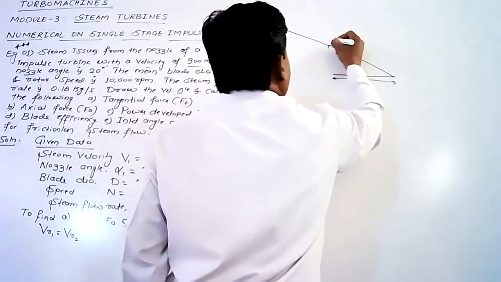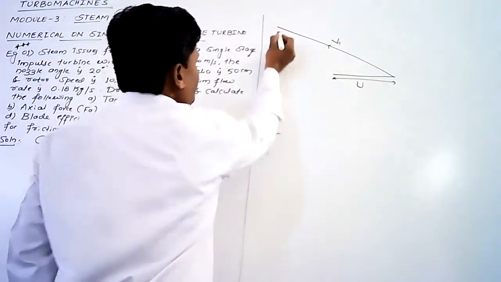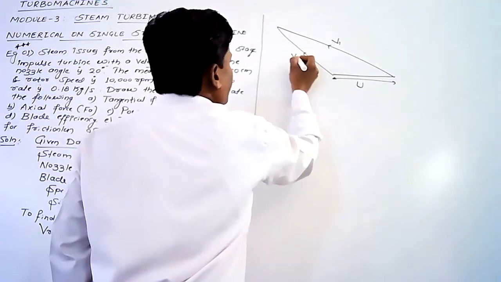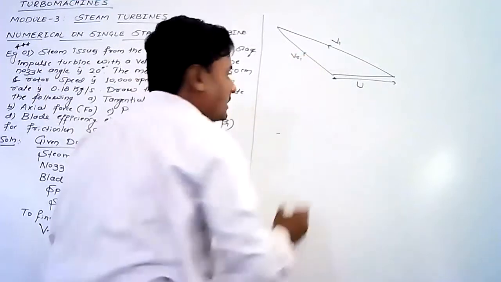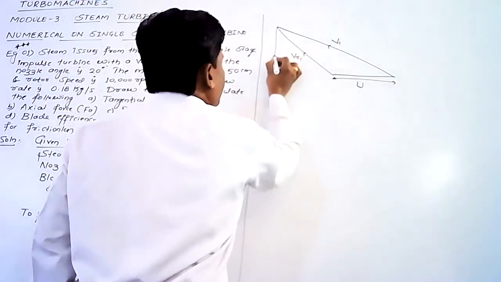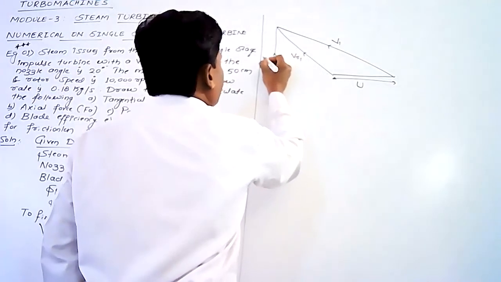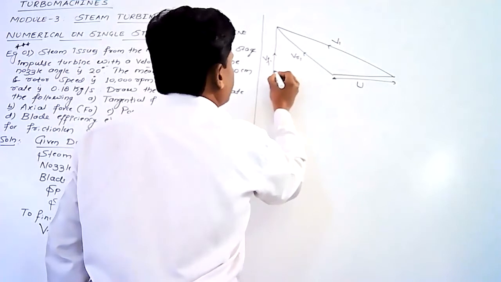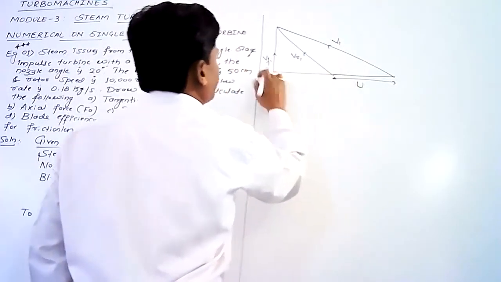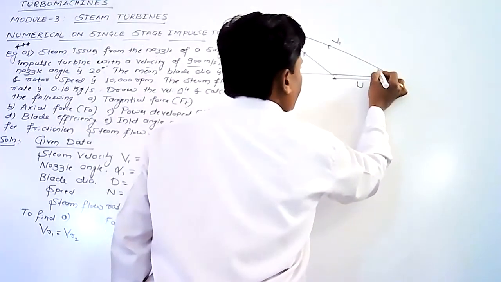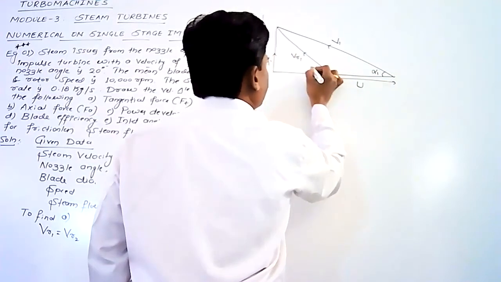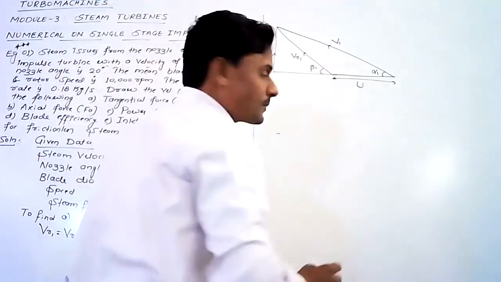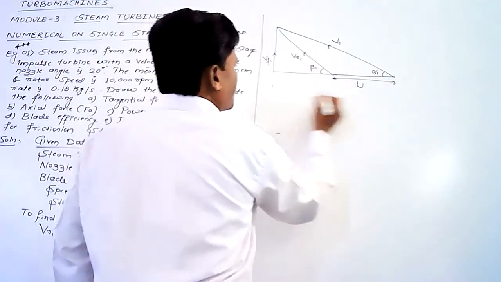This is V1, the absolute velocity. This is VR1, the relative velocity at the inlet. Its vertical component is Vf1, the flow velocity component. This is alpha 1 and this is beta 1.